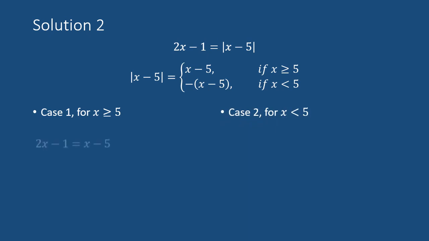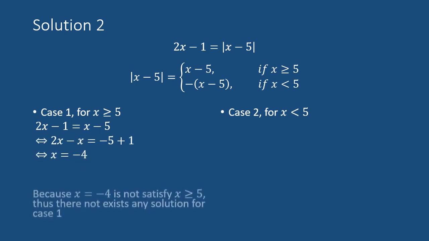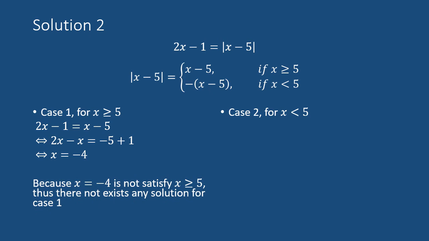The first case is for x greater than or equal to 5. So we can change the absolute value of x minus 5 into just x minus 5 without the absolute value. So we have x equals negative 4.